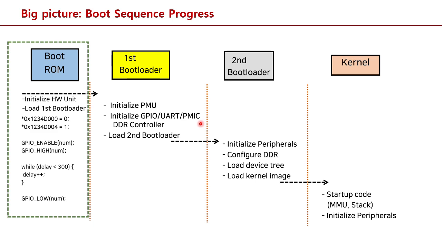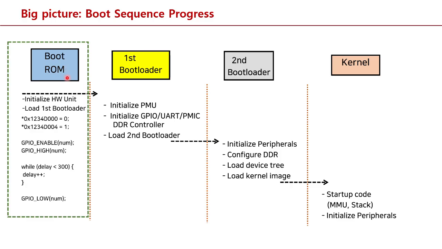Now let's look at each component with the notion of exception level 3. Boot ROM is placed onto on-chip memory. That means the boot ROM is already flashed onto the on-chip memory, so the normal embedded software engineer doesn't have to flash the image of the boot ROM.